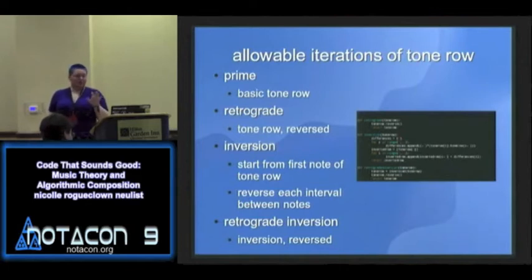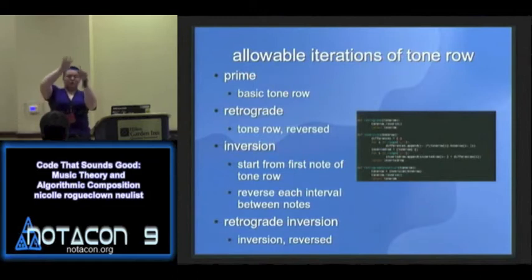Inversion is the one that was not necessarily difficult, but definitely the most sophisticated to create an algorithm for. Because for the inversion, you start from the first note of the tone row and you reverse each interval. So let's say the first two notes of your original tone row are 65 and 67. The first two notes of the inversion are going to be 65 and 63.